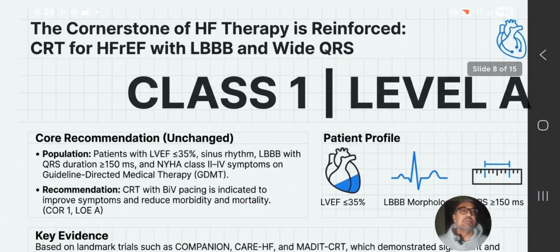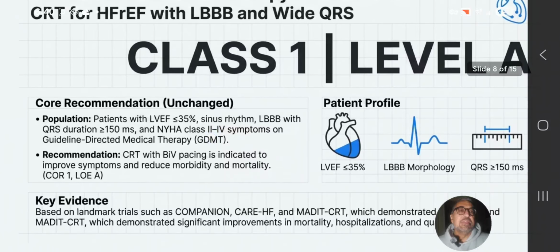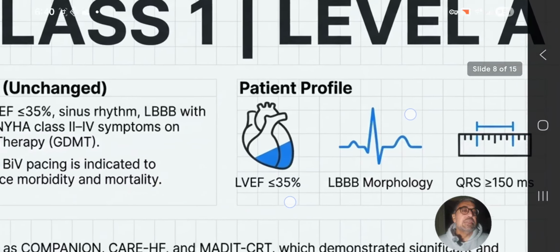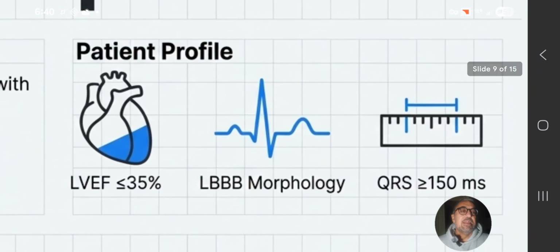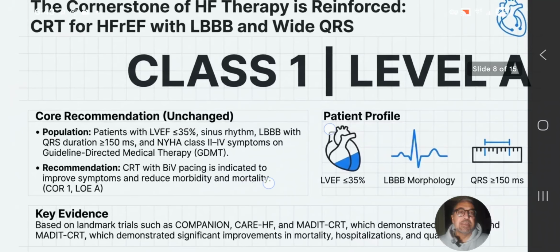So, the cornerstone of heart failure therapy is cardiac resynchronization therapy for heart failure with reduced ejection fraction with left bundle branch block and a wide QRS. So EF less than 35%, left bundle branch block morphology, QRS more than 150 milliseconds.